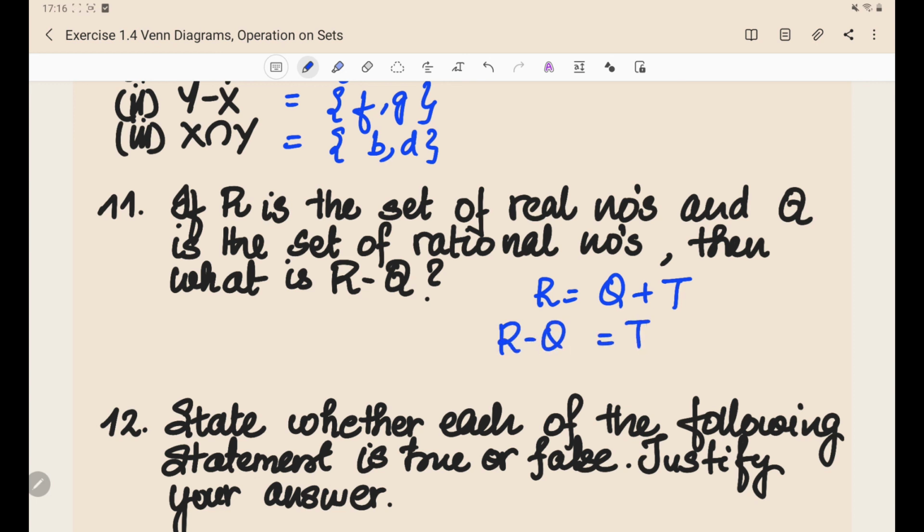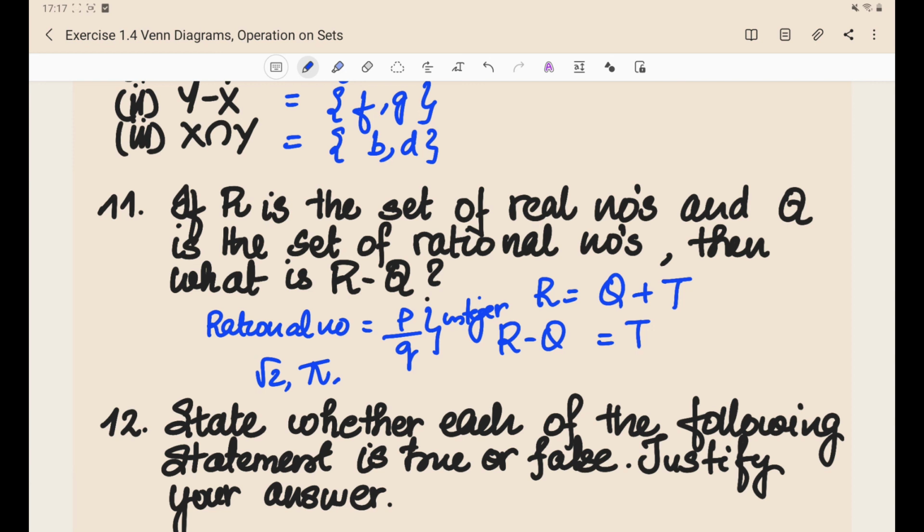Rational numbers are numbers which can be written in the form P by Q, where P and Q are both integers. All other numbers, for example root 2 and pi, are examples of irrational numbers. So the set of all irrational numbers is the answer for problem number 11.